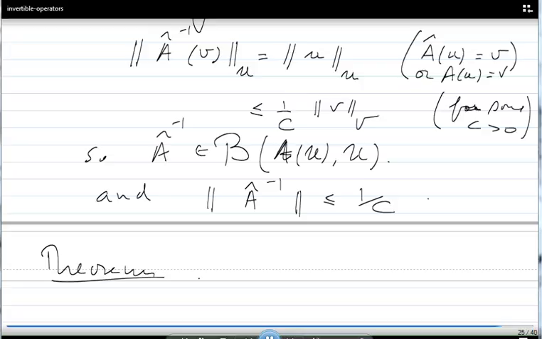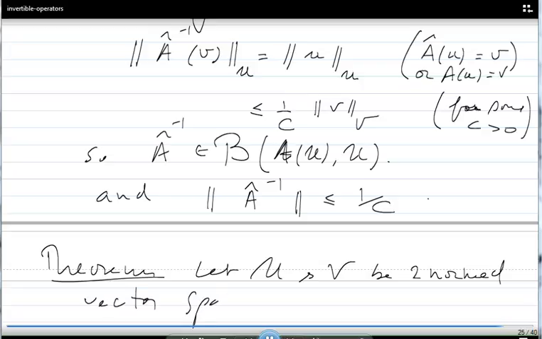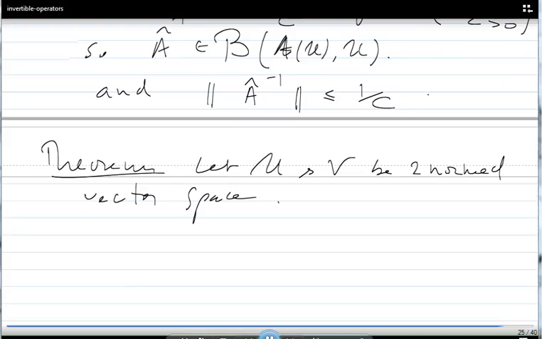Okay, so if we put all this together, we get the theorem. Let U and V be two normed vector spaces. Let A belong to L(U, V), which is bounded below.